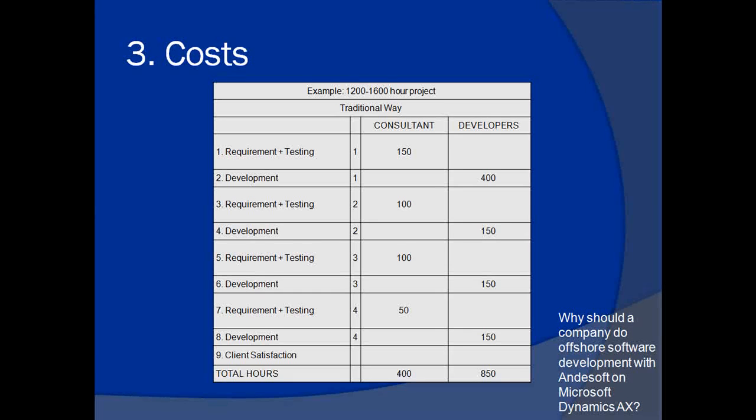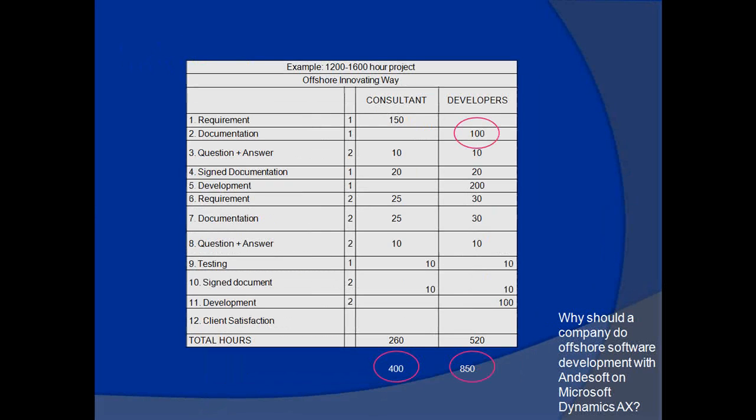In this example, we have 400 hours of consultant time in the traditional way and 850 hours with the developers. In our innovative way, we receive the requirements from the consultant and we do the documentation, which gives us 100 more hours just on the documentation.